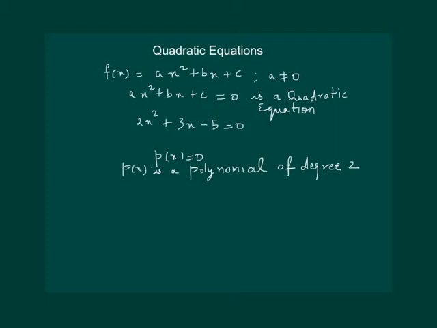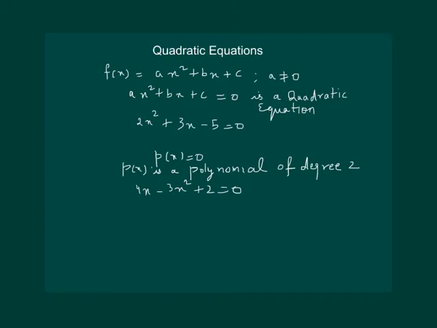To understand this point, consider the equation 4x − 3x² + 2 = 0. Although this is also a quadratic equation, the terms of p(x) are not in the descending order of their degrees.